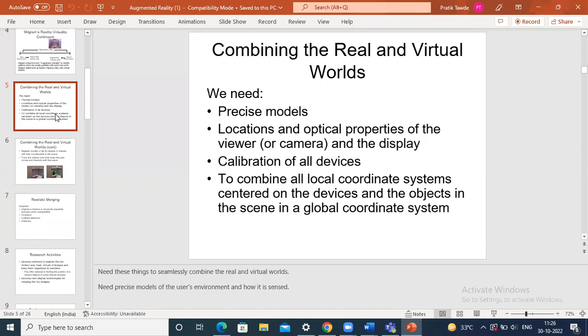Whenever we are talking about augmented reality and virtual reality, what exactly will you require from your side? First of all, you will need a precise model. That is very important. Suppose you are doing some of the practicals on a breadboard, so a breadboard is required, then resistors, capacitors, inductors, potentiometer, which is a variable resistor. All these electronic components are required.